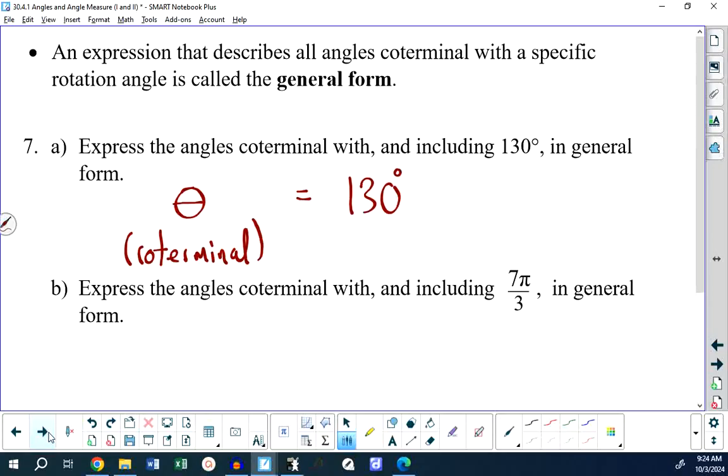And there's two ways we can write this. I would prefer to say 130 degrees plus 360 degrees times n, where n is an integer. And I want to talk about the number system here because I think it's important. Your integers, I'll just write at the bottom of the screen, your integers are the positive and negative whole numbers, and they include 0.